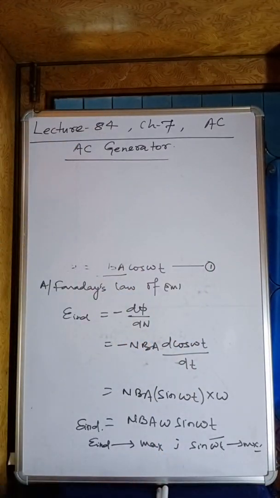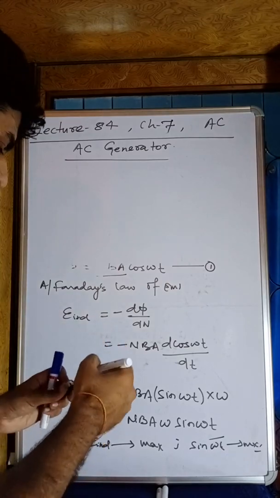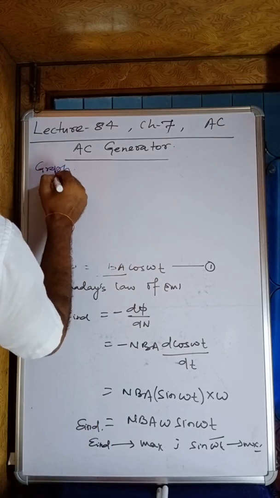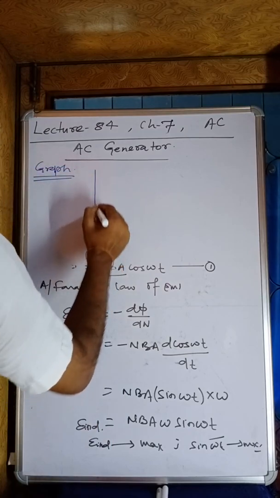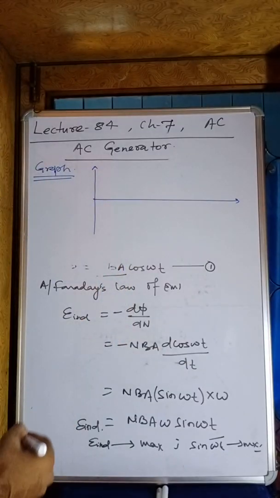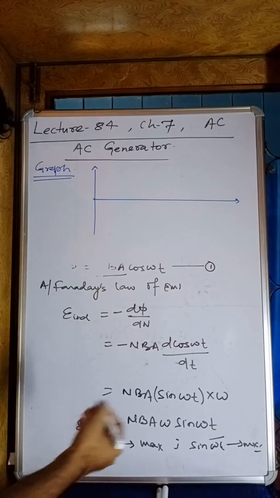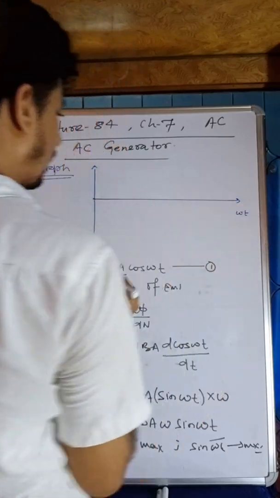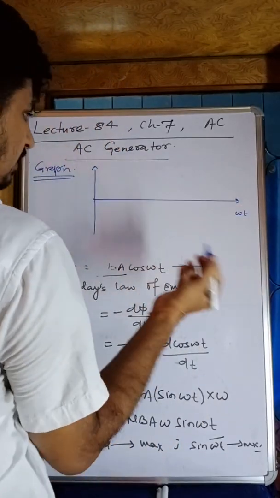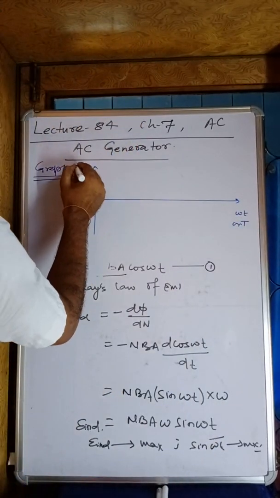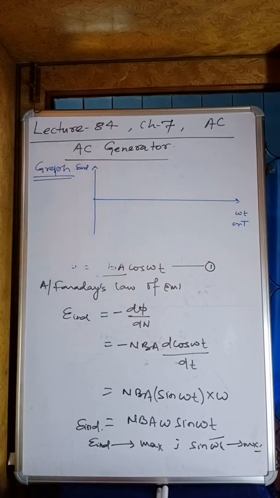Try to make the graph here. Alright, voltage and omega t, that is the time, you can say, or the theta, whatever may be. Here we will take omega t, or you can write time period T, and this is the E induced, that is the current, voltage.